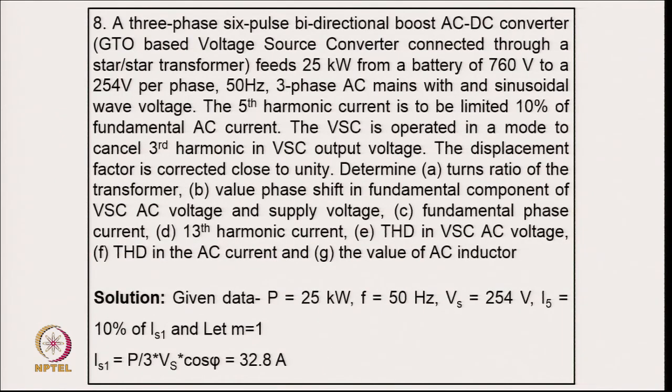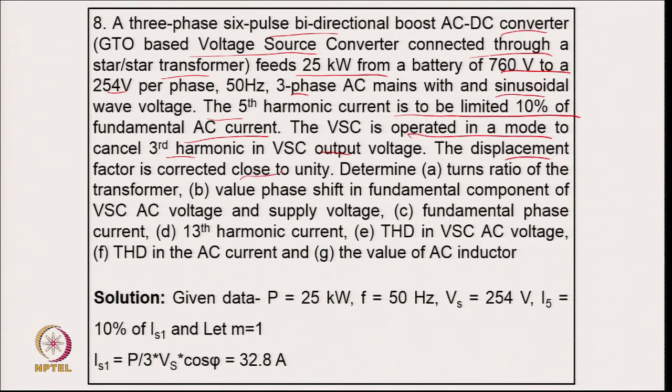So, coming to the 8th example: a 3-phase 6 pulse bidirectional boost AC-DC converter, a GTO based voltage source converter connected through a star transformer, feeds 25 kilowatt from a battery of 760 volt to 254 volt per phase, 50 hertz 3-phase AC mains with a sinusoidal wave shape. The fifth harmonic current is to be limited to 10% of the fundamental current, and the VSC is operated in a mode to cancel the third harmonic in the VSC output.